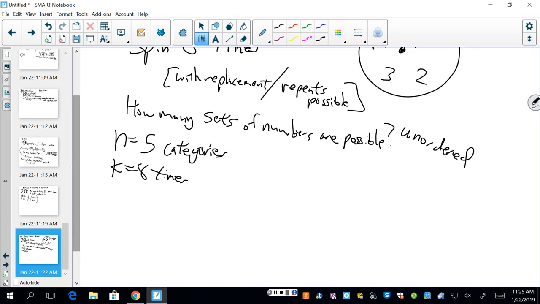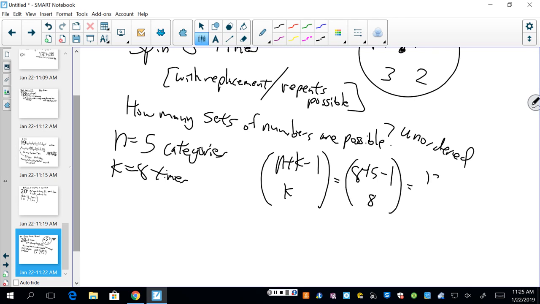Well, the formula was n plus k minus 1, choose k. So in this case, you put in the numbers: 8 plus 5 minus 1, choose 8. Hmm, that's 12 choose 8, but that's not as easy to compute.